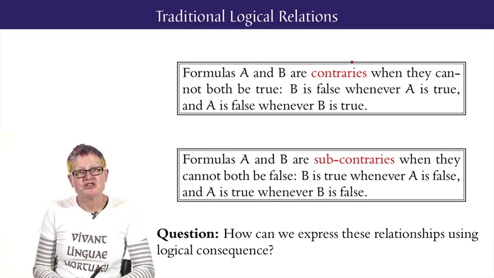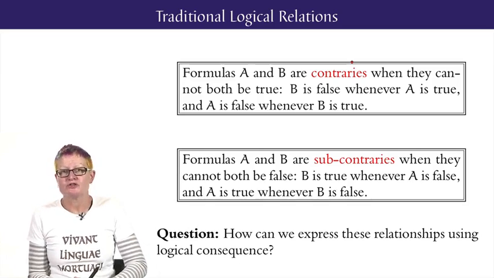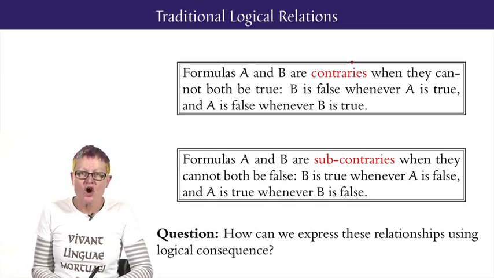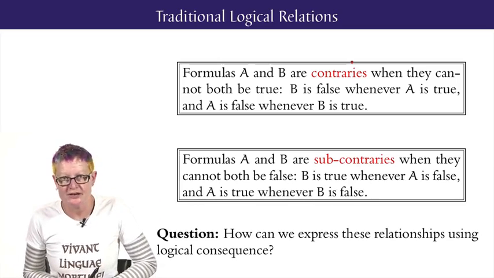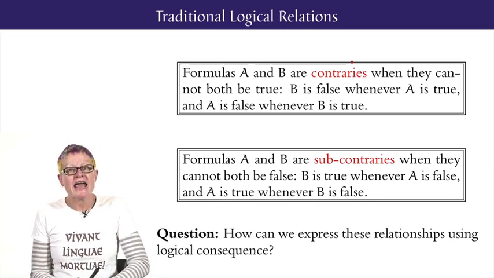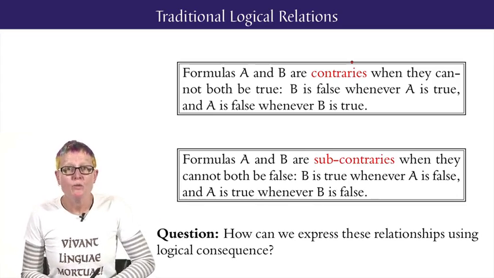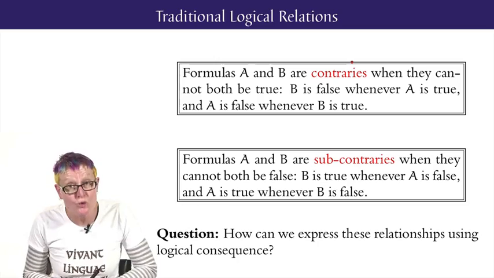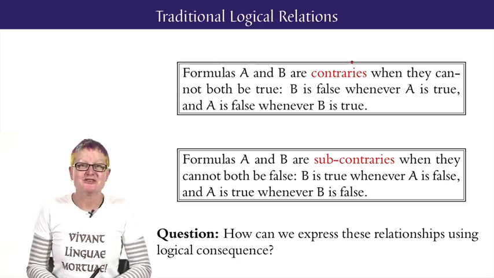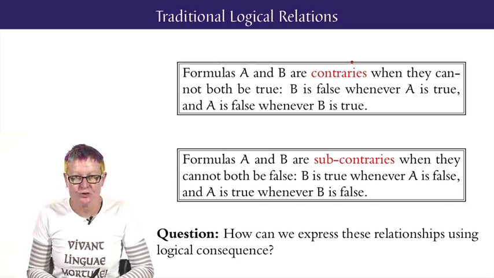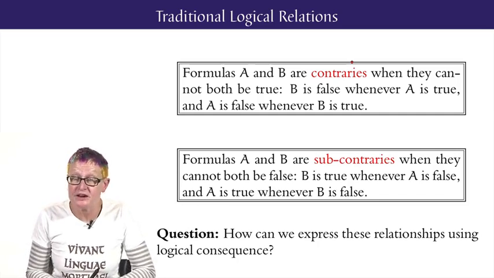The medieval logicians used two further logical relations, that of being contraries and subcontraries. Formulas A and B are contraries when they cannot both be true together. So B is false whenever A is true, and A is false whenever B is true.